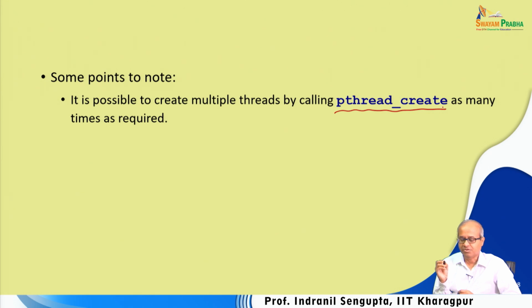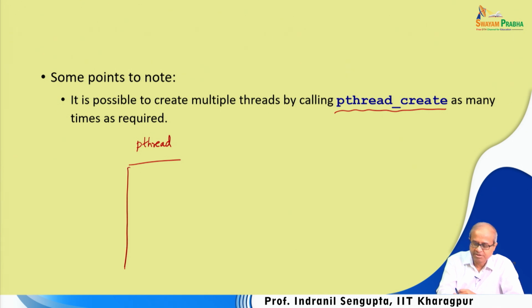So, in general you see what you are doing when you are using the user level pthread library: you have an original process. Inside the process, you are creating so many threads.